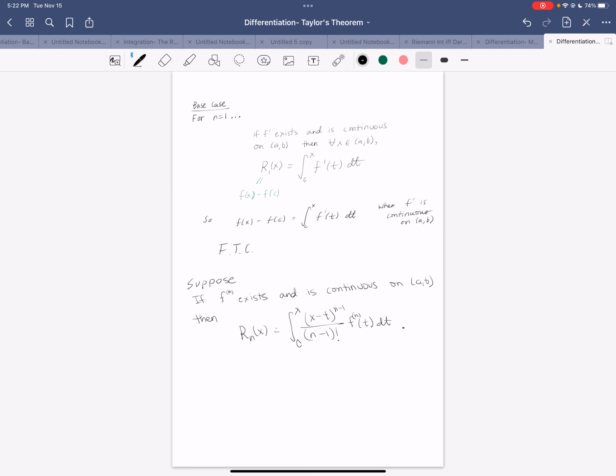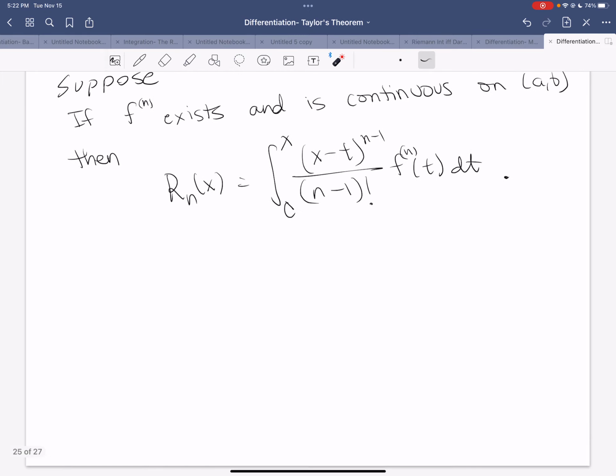And I want to show that the (n plus 1)st remainder is this with, right, n plus 1 put in. Okay, so here's how I'm going to do it.